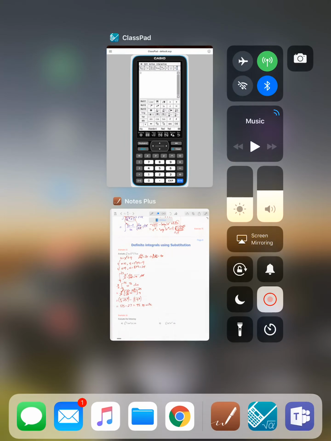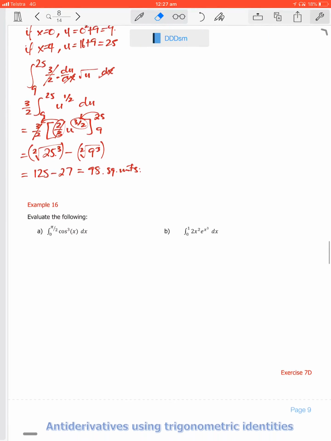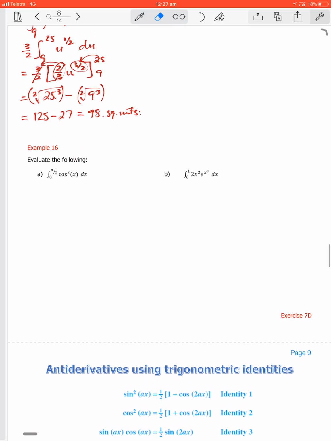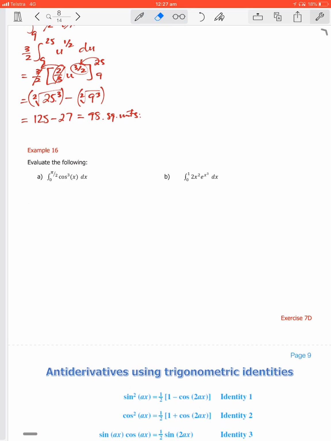Okay, so next question. We're nearly done. We have cos cubed x between 0 and pi on 2.